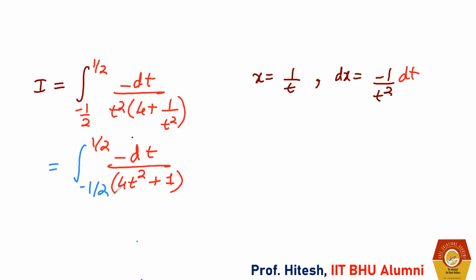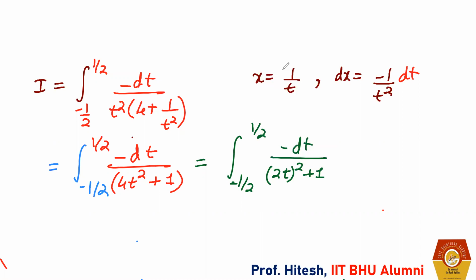Now we can integrate it, minus will be outside, so it is -1/2 to 1/2 of minus dt divided by 2t square plus 1, where x will be 2t. Understood? So the integration will be minus tan inverse 2t. Understood? Write it down.